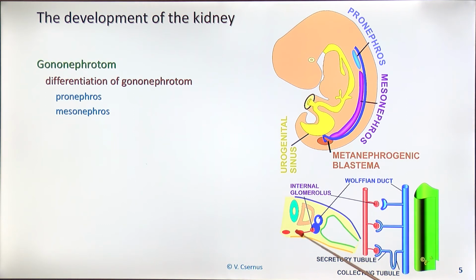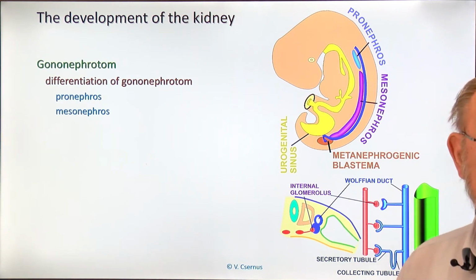In this case, the vascular tufts don't go to the coelom, but make connections with the Wolffian duct. The Wolffian ducts grow as outside tubes, which do not grow in the direction of the coelom, as in the pronephros, but in the opposite direction, and make contact with the capillary loop. This looks like a nephron, but this is still not the kidney, because this is the kidney of the reptiles.